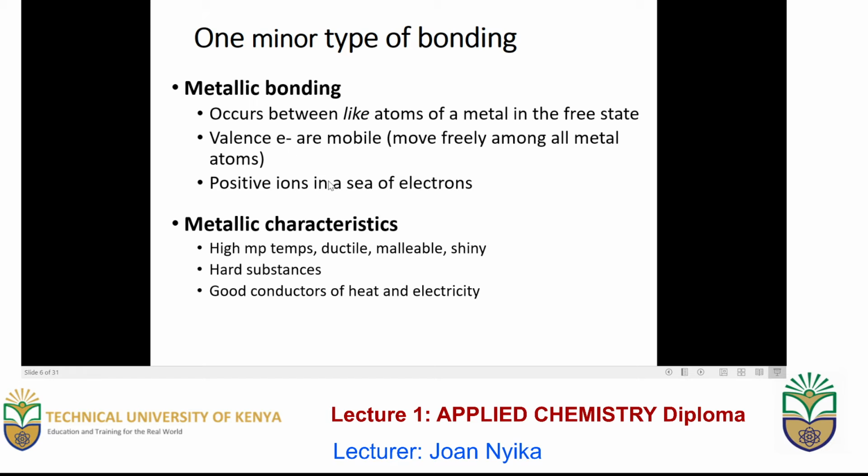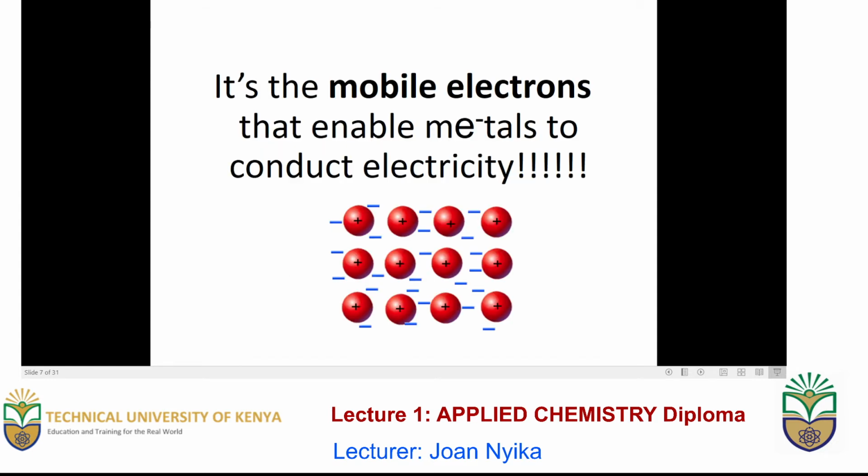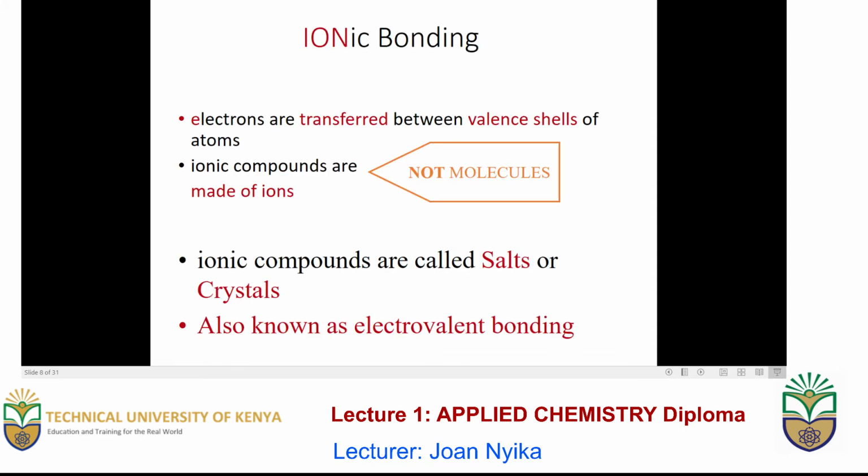Therefore, it is at this stage we would say that most metallic bonding processes involve the group 1 and the group 2 elements. And it is the mobile electrons within these group 1 and group 2 elements that enable them to conduct electricity.